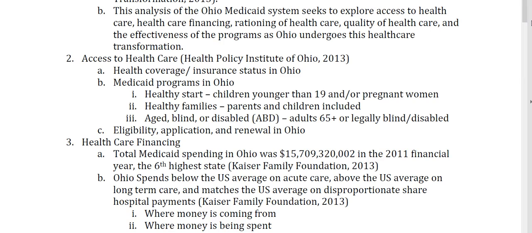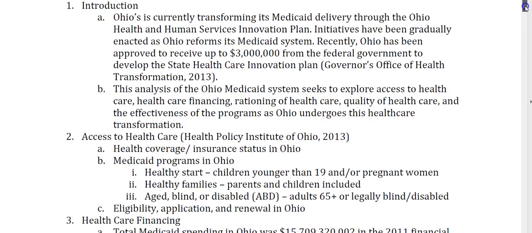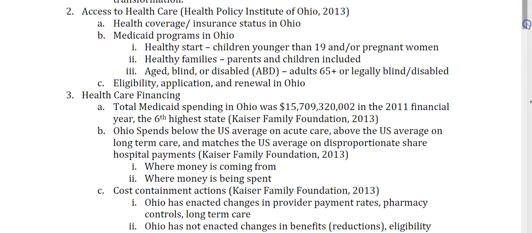And you're going to make sure to include in-text citations and include information that will be included in each subheading, in each section of your paper. So similar to what you're looking at right now, introduction here in this specific outline, they're covering access to healthcare as well as healthcare financing and other topics.